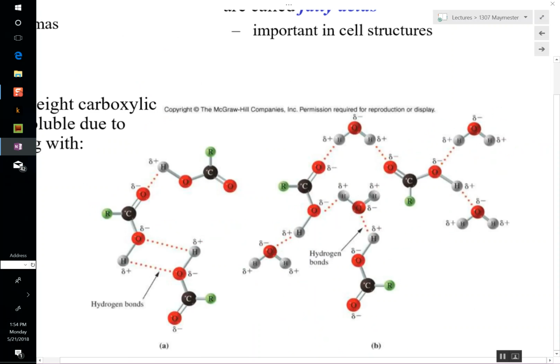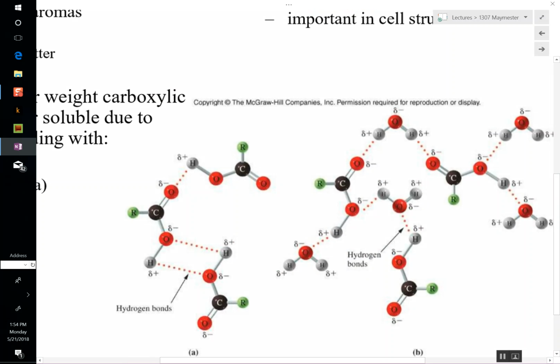All right, and so we're saying they're polar. Let's take a peek at two containers here simultaneously. Over here is just a carboxylic acid, anhydrous, no water, totally dry. The oxygen on the carboxyl group can hydrogen bond to the hydrogen on another carboxyl group, and vice versa.